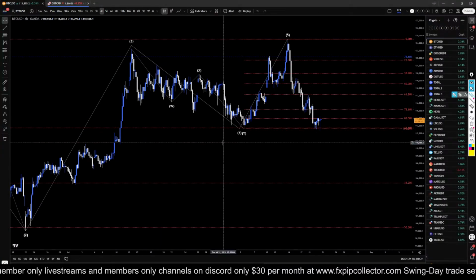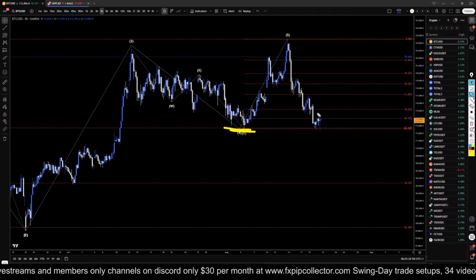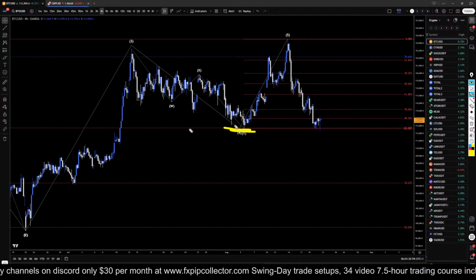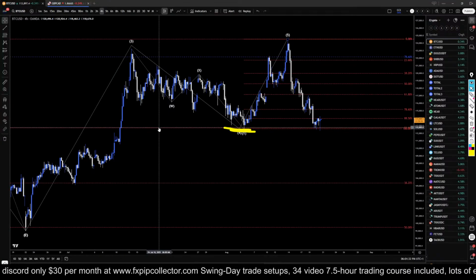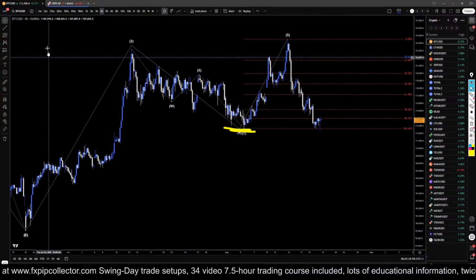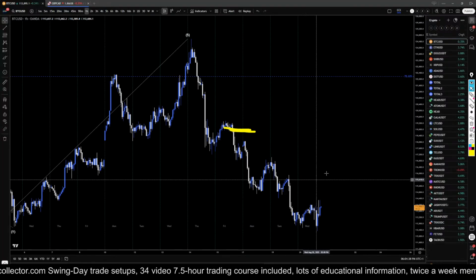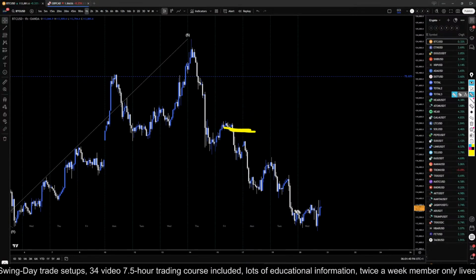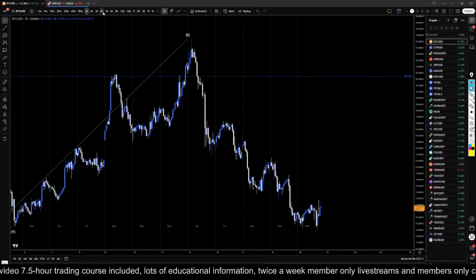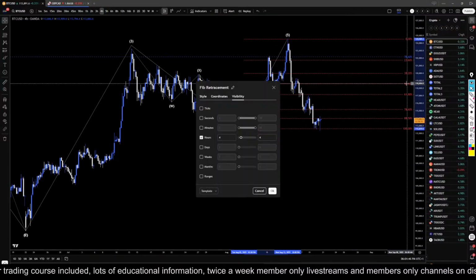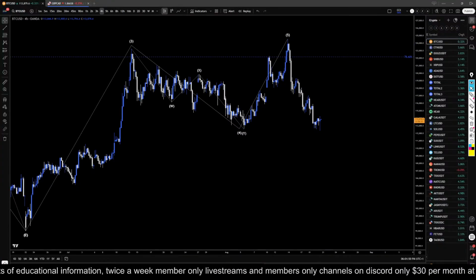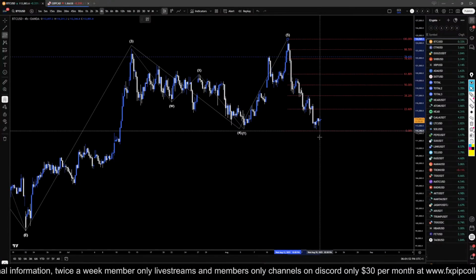But we just broke this structure. So what does that mean? That means there's probably a pretty good chance it's going to start a pullback. So depending on what time frame you're trading, if you're trading very short time frames, I would actually probably be recommending long starting tomorrow or today. Actually, it's starting to break structure, so I would have my Fibonacci retracement on the move down like this.